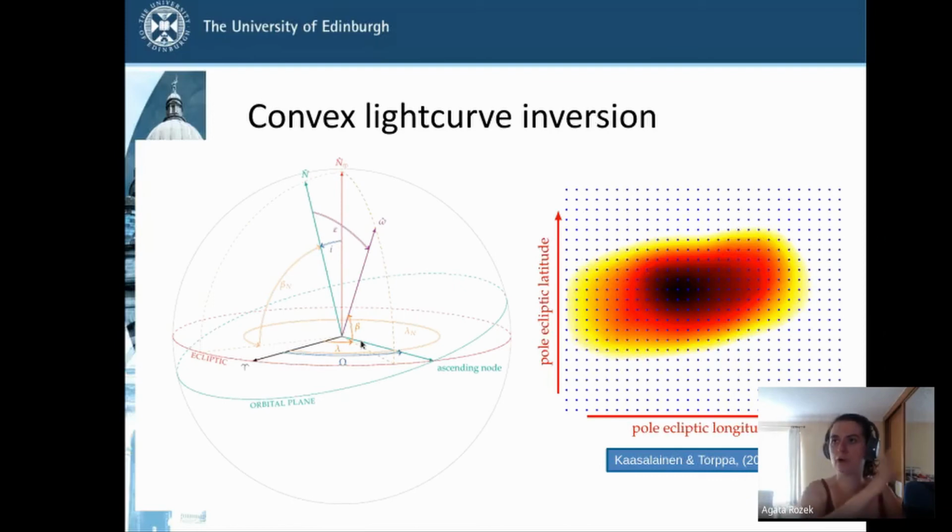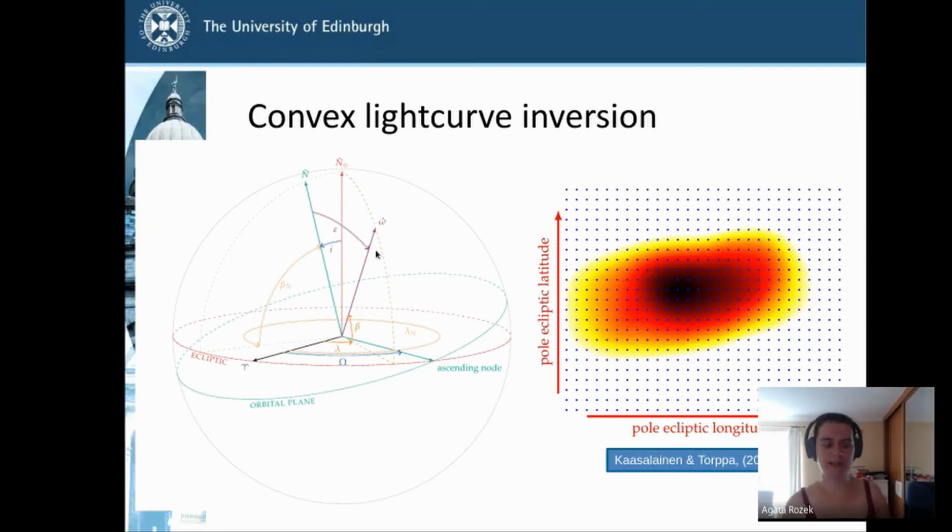As I said before, torque can change that, but it changes it over tens of thousands of years. So over the few tens of years that we can possibly observe an asteroid, that's not a big problem. So we can still assume that it's fixed in that time frame. But it's affecting the shape of the light curves.